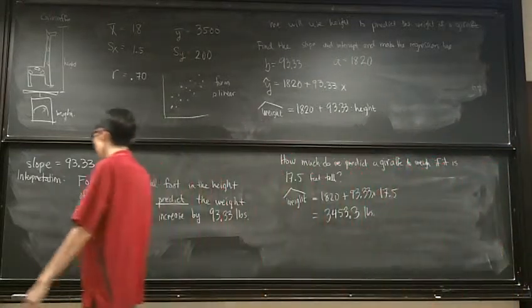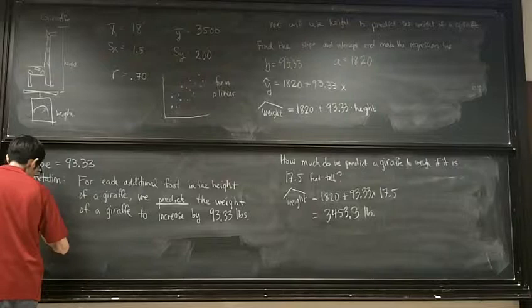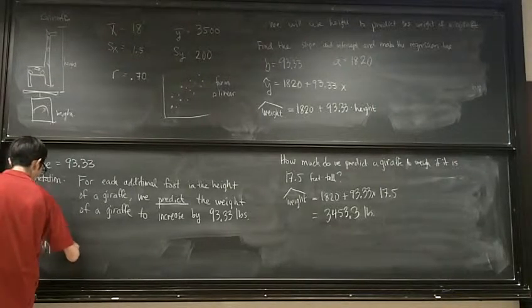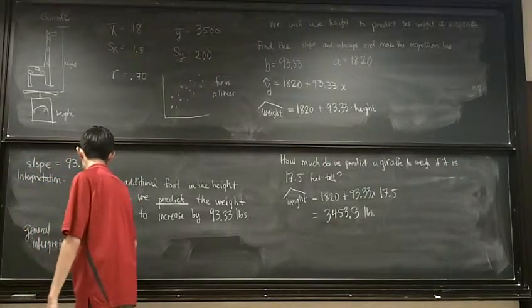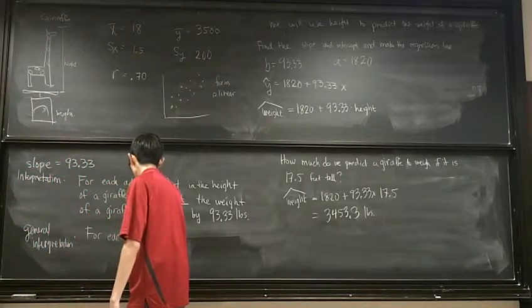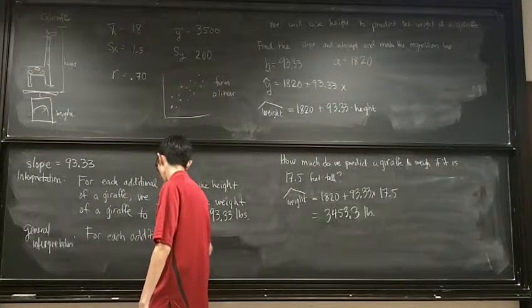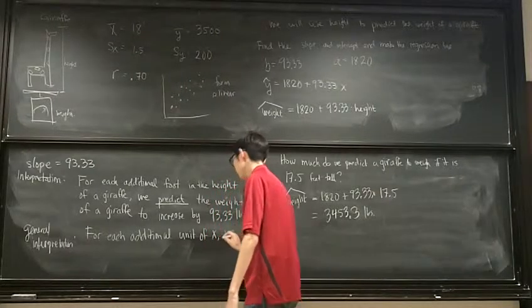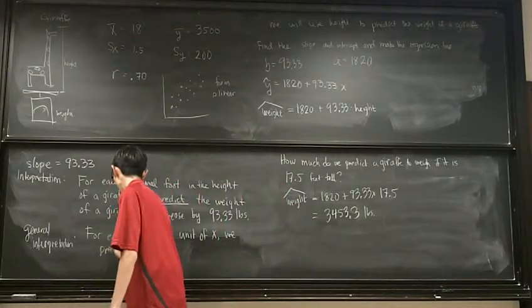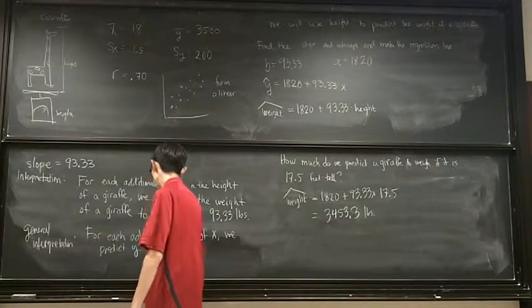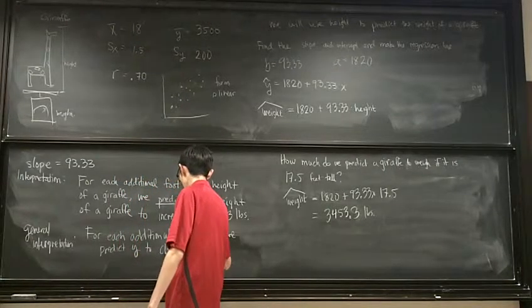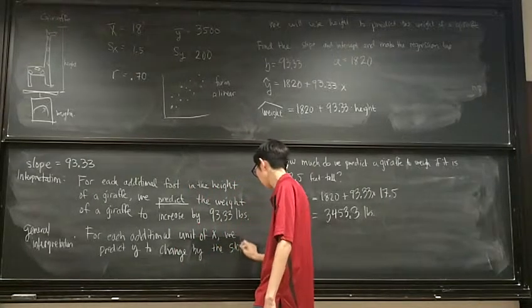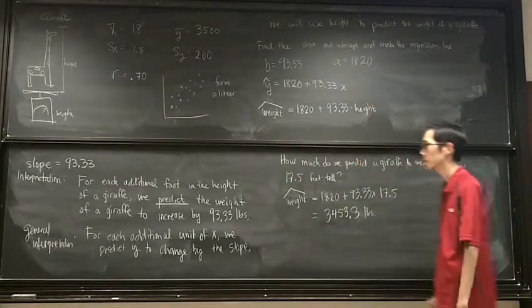So the general interpretation for any scenario: for each additional unit of x, we predict y to change by the slope.